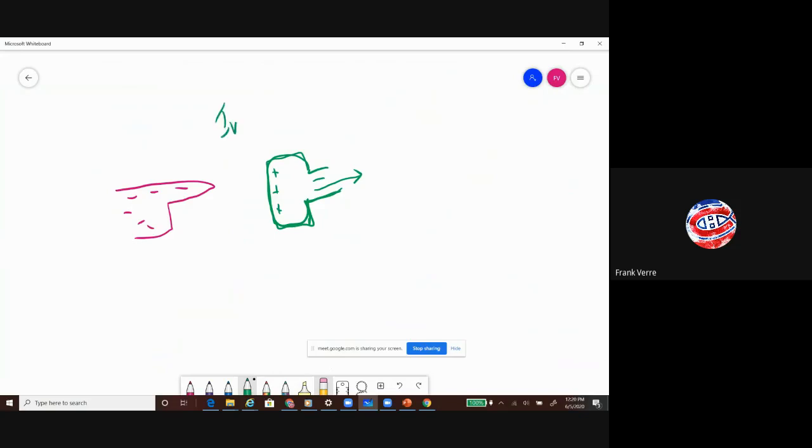This, by the way, is called induction. Then when you get close enough, the electrons are going to jump across, and that's your discharge, which produces a spark.